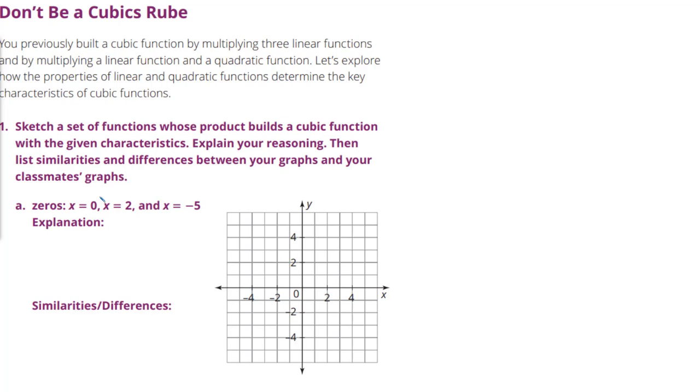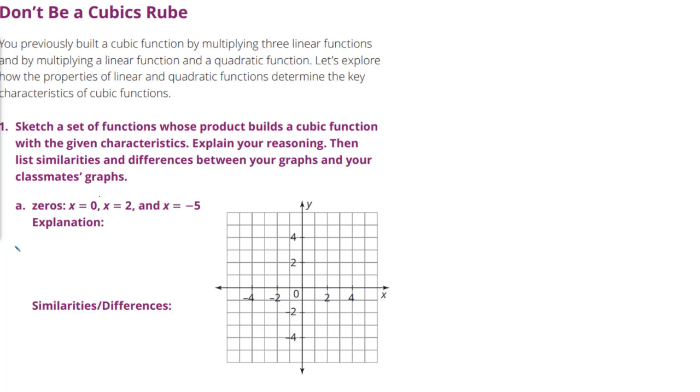So on question 1, it says that we want to sketch one with the zeros at 0, 2, and 5. I want you to go ahead and perform that sketch. So when I sketched my graph, first thing I did is I put my zeros.